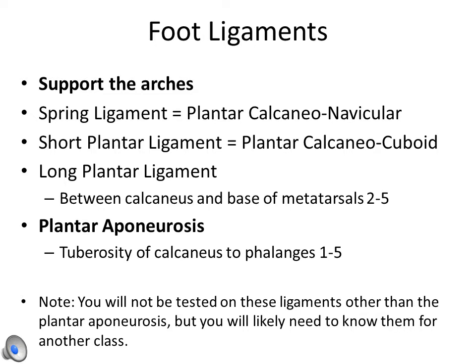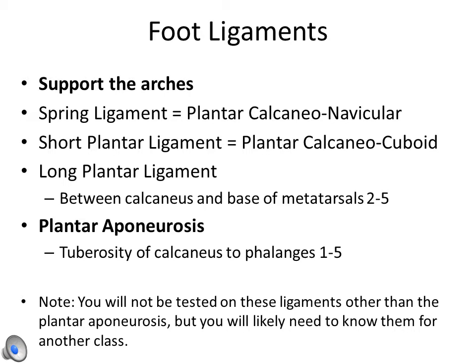The short plantar ligament, also known as the plantar calcaneal cuboid ligament, is a short, wide band of connective tissue that goes from the calcaneus to the cuboid. The long plantar ligament attaches to the calcaneus, goes to the cuboid, and also to the 2nd, 3rd, and 4th metatarsals.